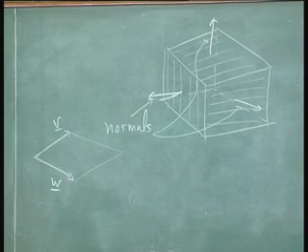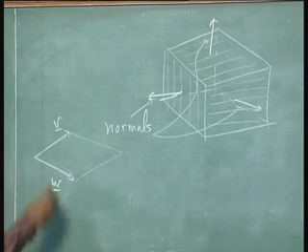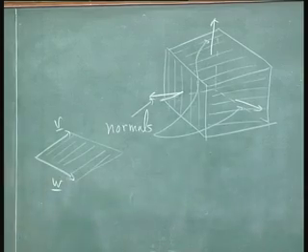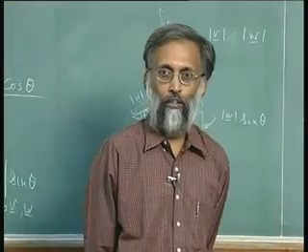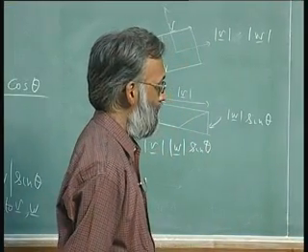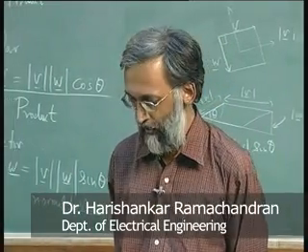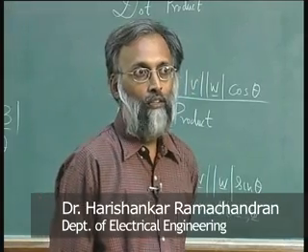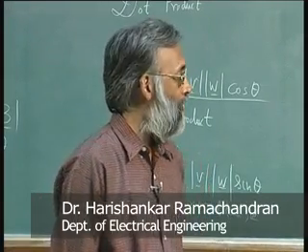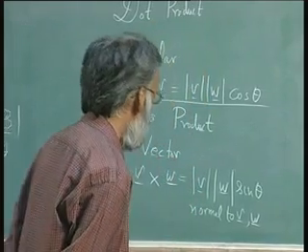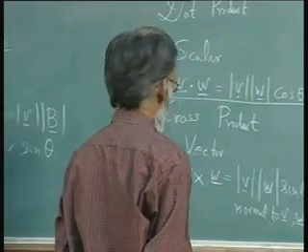When you do that, you have the direction of the cross product, and the area of this parallelogram is the magnitude of the cross product. As I said, it is a very strange kind of definition, but in fact, not only is it useful, half the equations of electricity and magnetism use the cross product. They use a complication of the cross product, but it is basically the cross product.